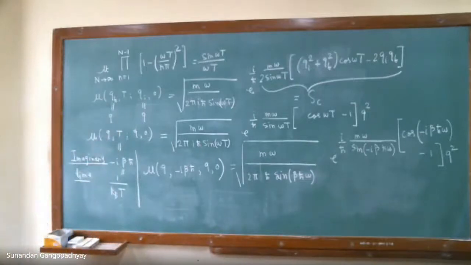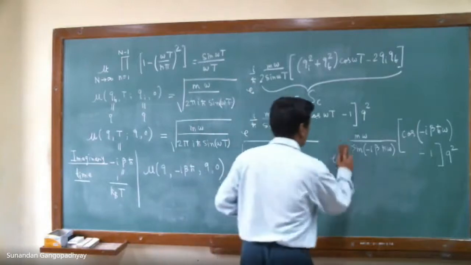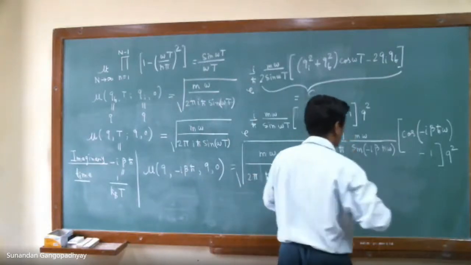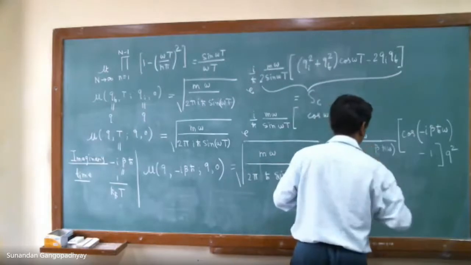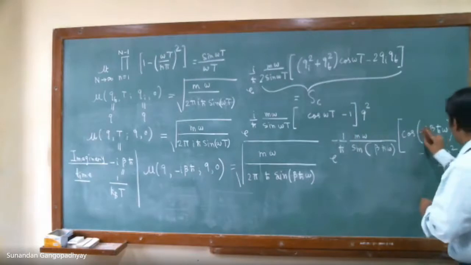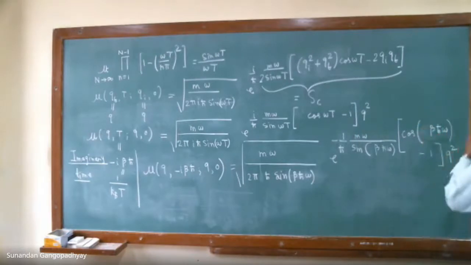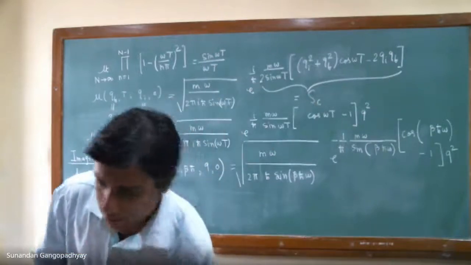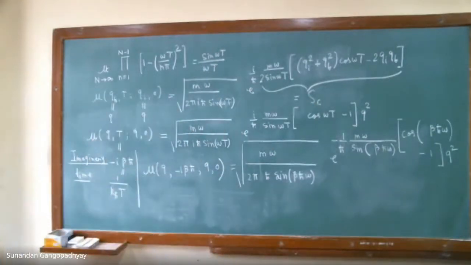And here also, minus on the h bar will become sine beta h bar omega, and this will become cosine beta h bar omega minus 1 q square. This will be your result. I have done the simplification earlier, so you get this. Is it clear? This is quite simple.